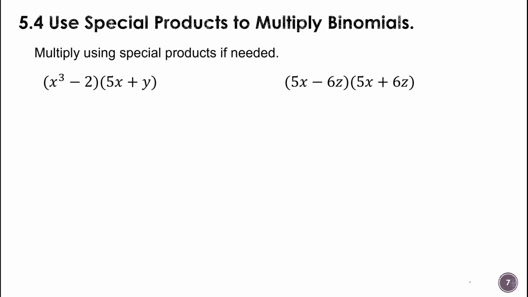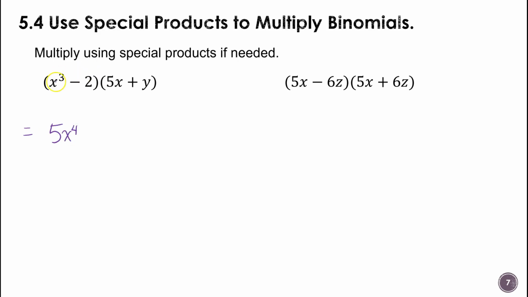Okay, so now the rest of these are just multiplying binomials. Sometimes we'll use a special product, sometimes we won't. So this first one, we could use FOIL, or we can just distribute, right? X to the third times 5x will be 5x to the fourth.